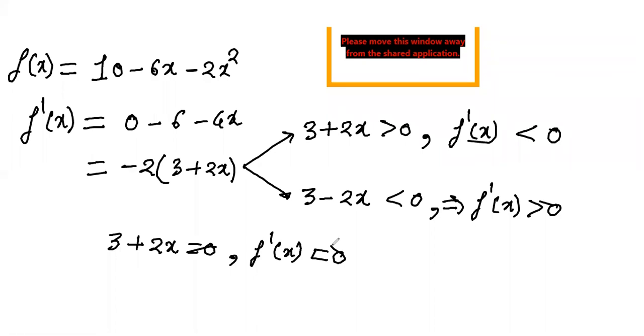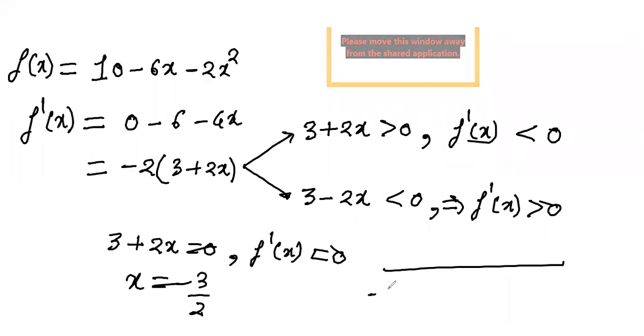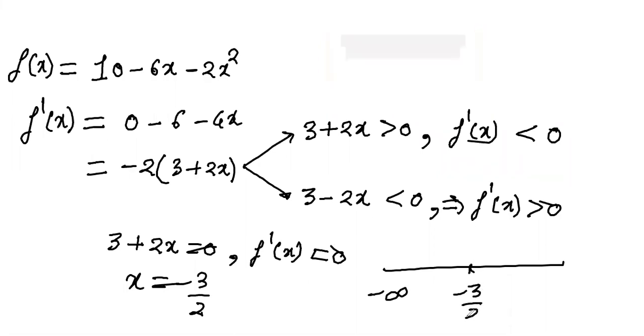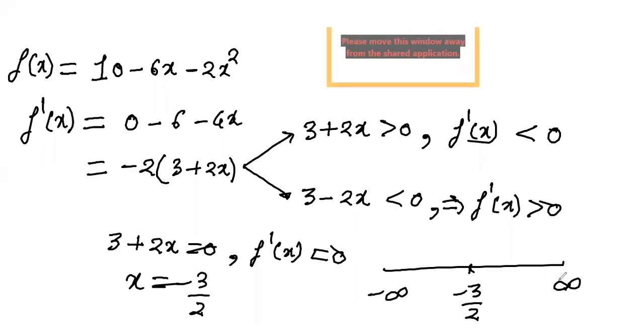Okay, so x will be minus 3 by 2. On the number system, this is minus infinite, this is minus 3 by 2, and this is plus infinite. So when 3 plus 2x is greater than 0, it means x is greater than minus 3 by 2.